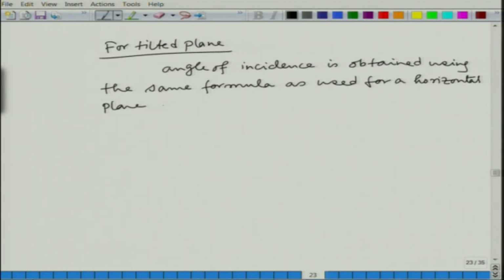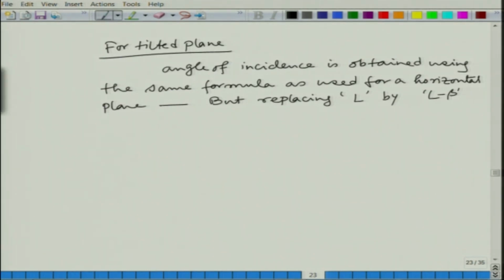Okay. But the catch is by replacing L by L minus beta. Okay. How easy is that, right?